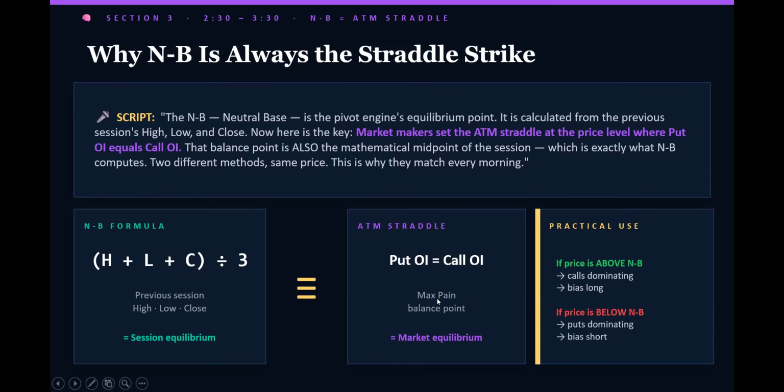Put OI almost equal to call OI, ATM straddle, maximum pain balance point. Market is in equilibrium. How to use this? If price is above the Nalini Precision Engine base point, that is the pivot, calls are dominating, bias is long. If price is below the Nalini base point, puts are dominating, bias is short.